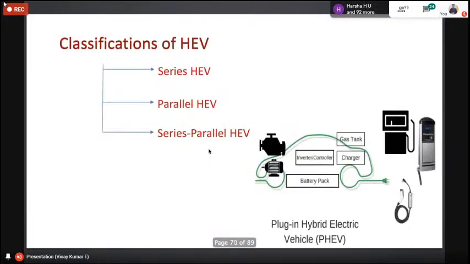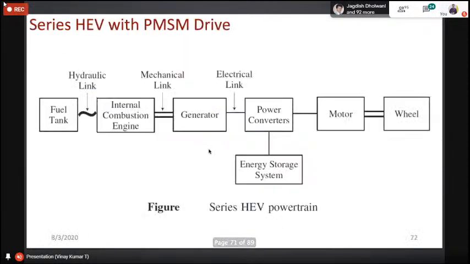Based on the position of the motor and IC engine, we can classify the hybrid electric vehicles into three parts: series, parallel, and series parallel hybrid vehicles. This is a simple block diagram of the series hybrid electric vehicle powertrain. First, the fuel tank is connected to the IC engine.